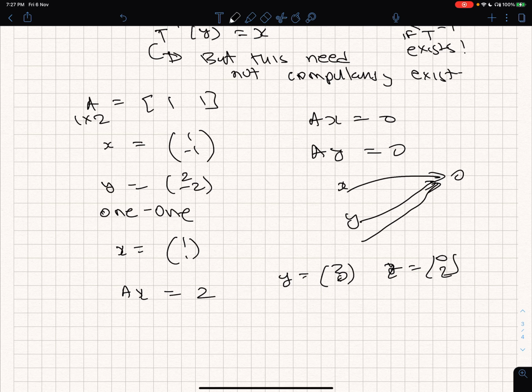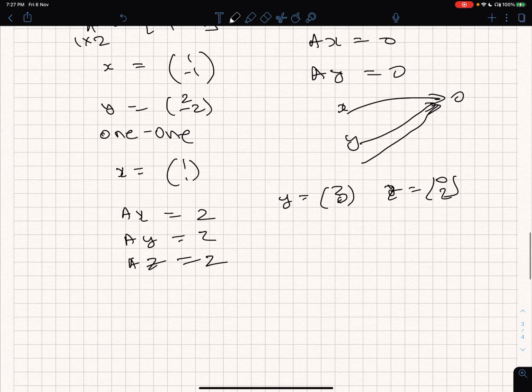Even for them, you will get Ay to be 2 and Az to be 2. So given that the right hand side is 2, can you say from this information of 2 which vector it came from, 1 1 or 2 0 or 0 2?